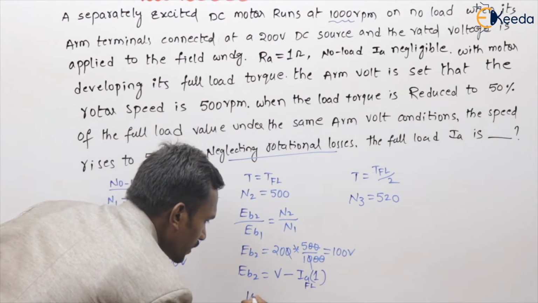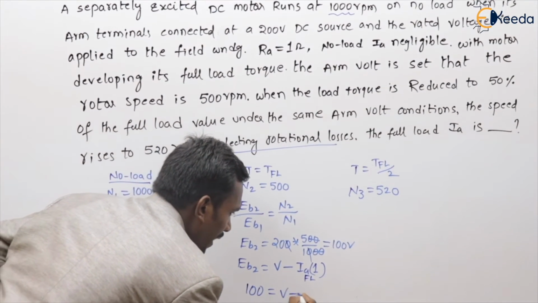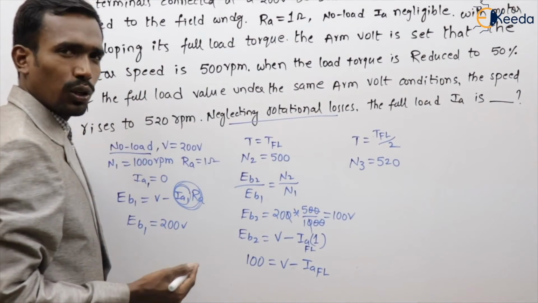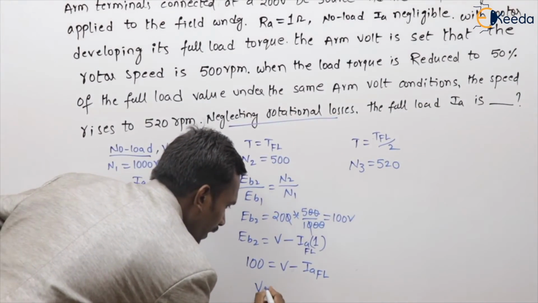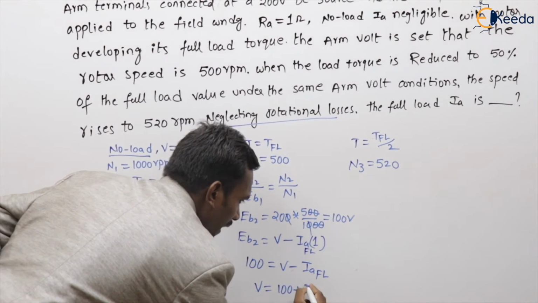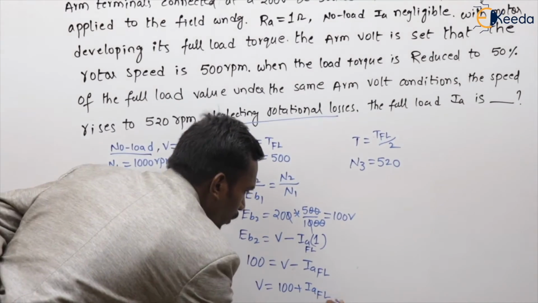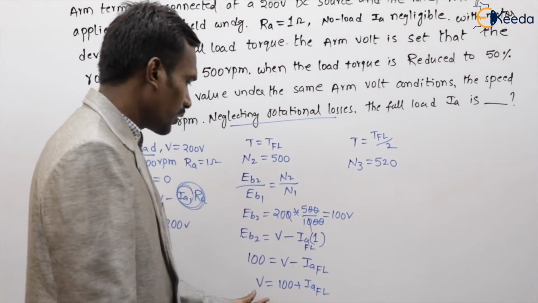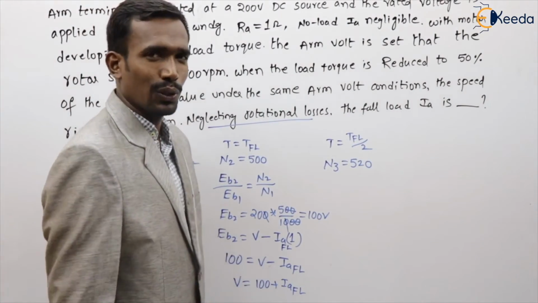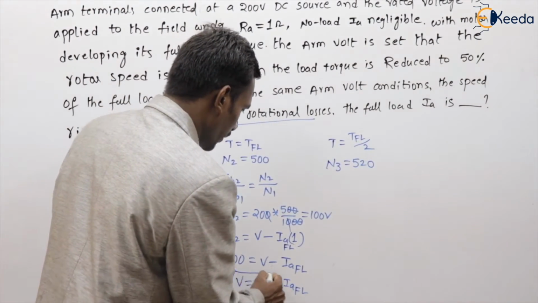So EB2 is equal to 100, that is equal to V minus IA at full load. Nothing but V is equal to 100 plus IA at full load. This is one equation at full load.